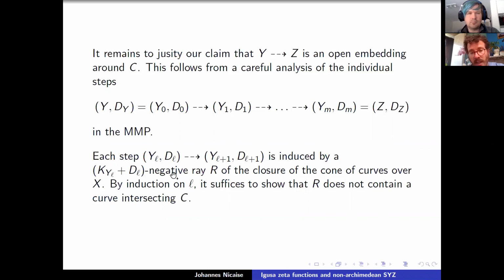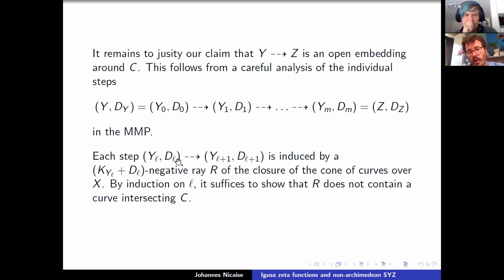These negative rays form the obstruction to nefness of this divisor. If it were nef, it would have non-negative intersection with any curve, so we would have no negative rays at all in the cone of curves. As long as we find negative rays, we know that we haven't reached the end point of the MMP. We still have some negativity that we want to get rid of. So we try to improve the situation by making this bad curve disappear, either by a divisorial contraction or by a flip.